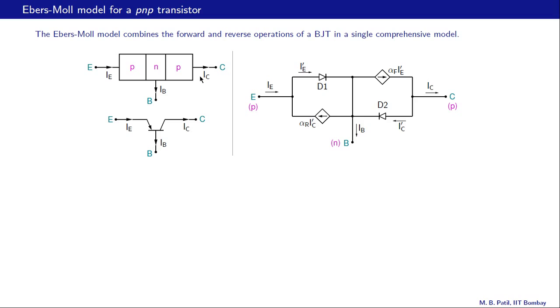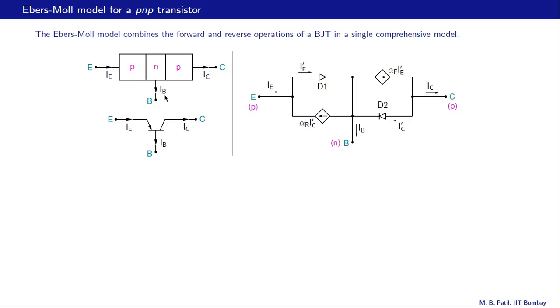The collector current essentially is in the same direction as the emitter current. So if the emitter current is like that, the collector current is also like that. And the base current is in the same direction as the collector current. If the collector current is coming out of the device, then the base current is also shown as coming out of the device.